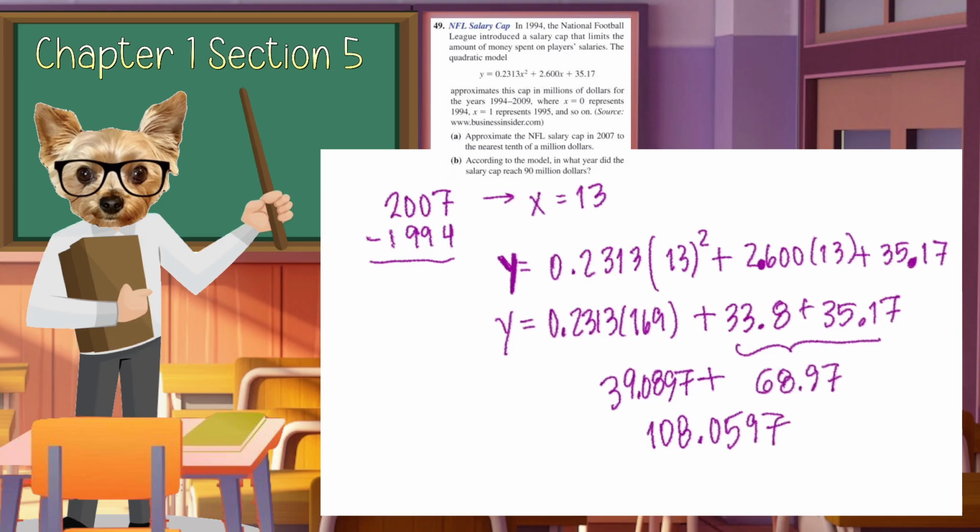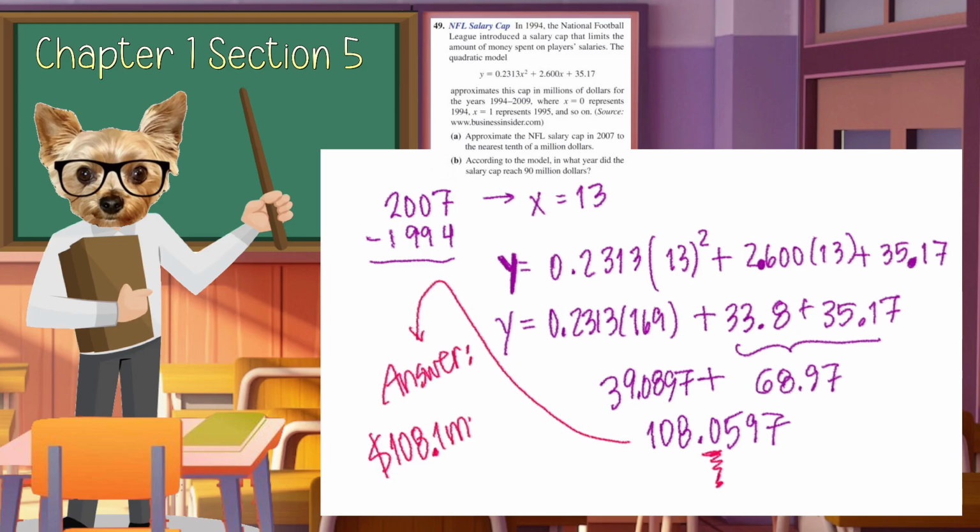Now this is in millions and it says to round to the nearest tenth of a million, so I'm rounding to this spot right there. So our final answer is 108.1 million because that zero will round up. Okay, so that's the answer to part A.